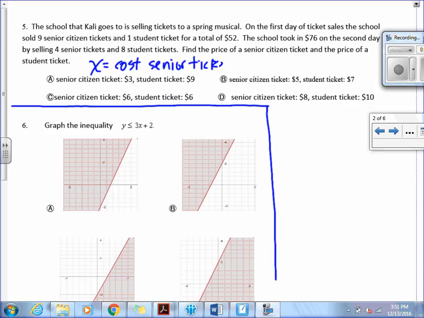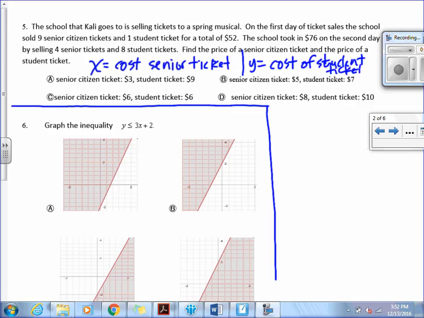And I just decide based on what order the different things are mentioned. So since senior tickets are mentioned first, I choose to let those be represented by X. And Y is going to equal the cost of a student ticket.